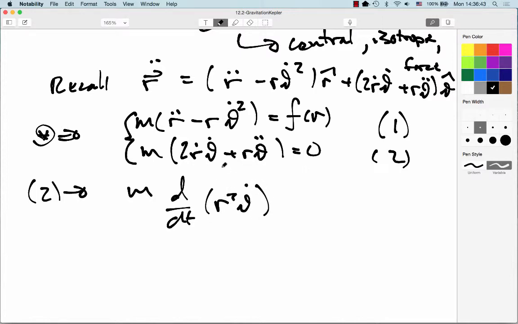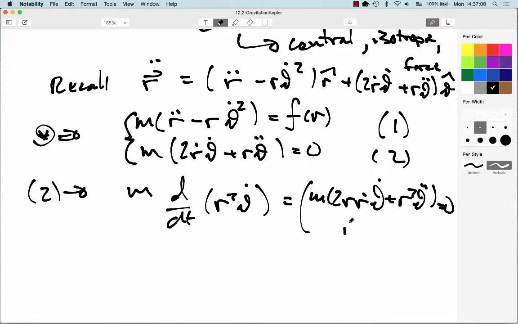Differentiate that, I'll get 2 r dot theta dot plus r theta double dot. Sorry, not quite. This will be m times 2 r r dot theta dot plus r squared theta double dot equals 0.